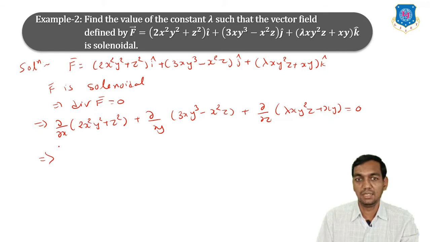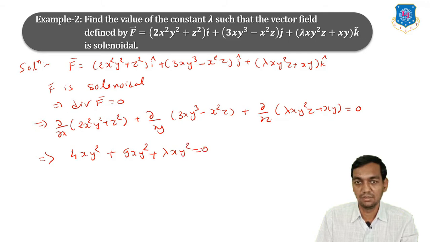Differentiating the first term with respect to x, you get 4xy square plus 0. The derivative of the second term with respect to y is 9xy square minus 0. And the derivative of the third term with respect to z is plus lambda xy square.